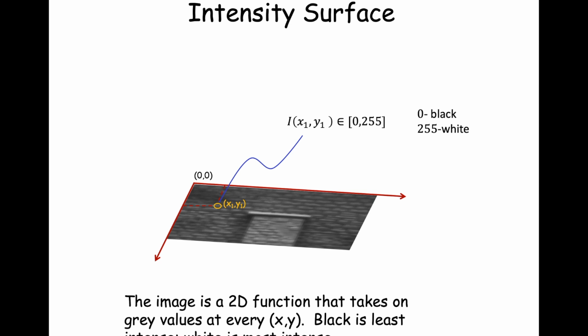We call the function that gives you a gray level for a particular coordinate in image coordinates our intensity function. Now you can imagine the image is a two-dimensional function that takes on gray values, that's the range, 0 to 255, at every location x, y in image coordinates.